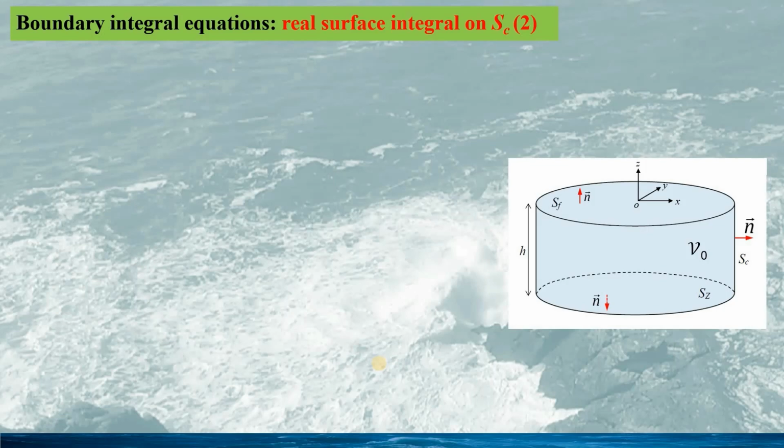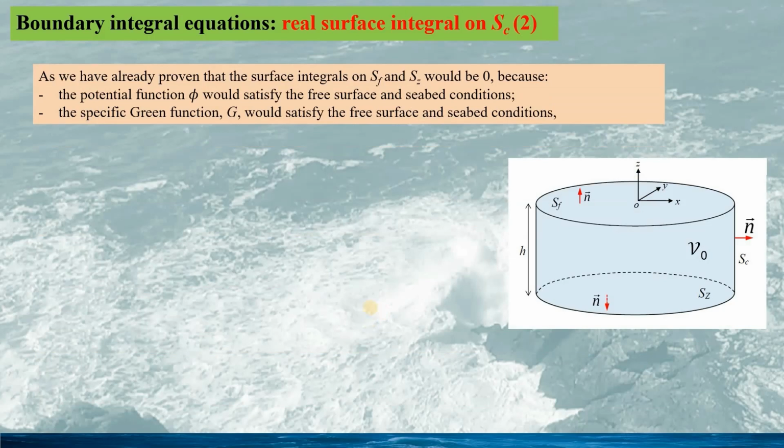Here, we apply the following boundary conditions as we used before. The potential function phi would satisfy the free surface and the seabed conditions. The Green function g would satisfy the free surface and the seabed conditions.